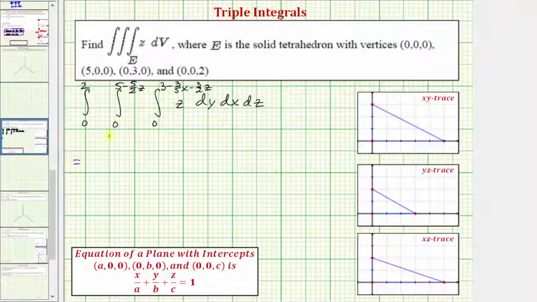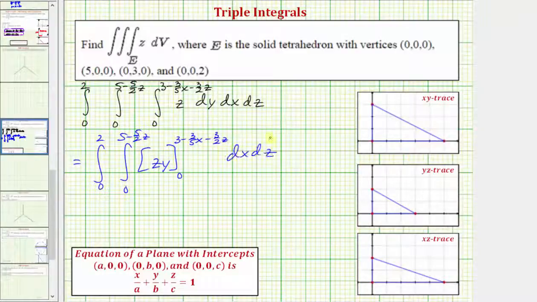So we first integrate with respect to y, treating z as a constant, and therefore the antiderivative is going to be z times y. I now need to find big F of b minus big F of a, so we'll perform substitution for y.